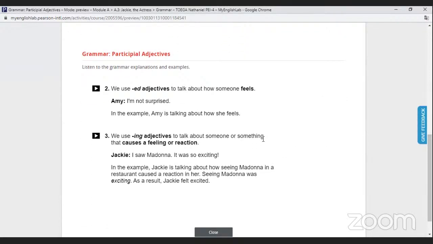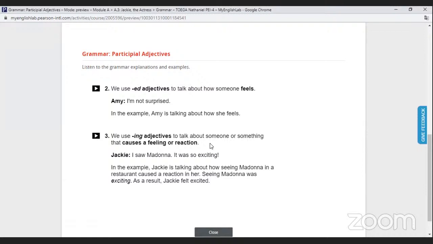In this case, we can say we use ed adjectives to talk about how someone feels, as we were saying, right? I'm not surprised. In the example, Amy is talking about how she feels. Number three, we use ing adjectives to talk about someone or something that causes a feeling or reaction. Jackie: I saw Madonna.